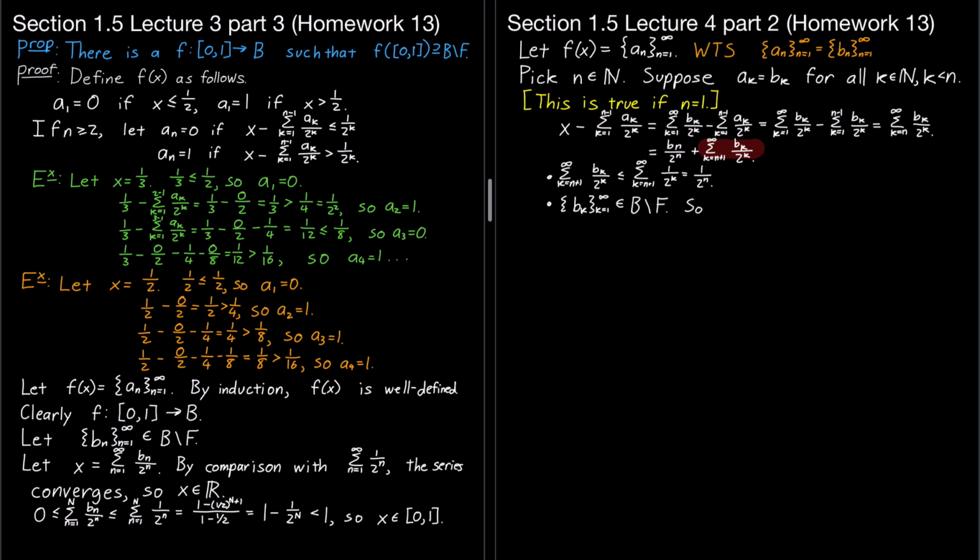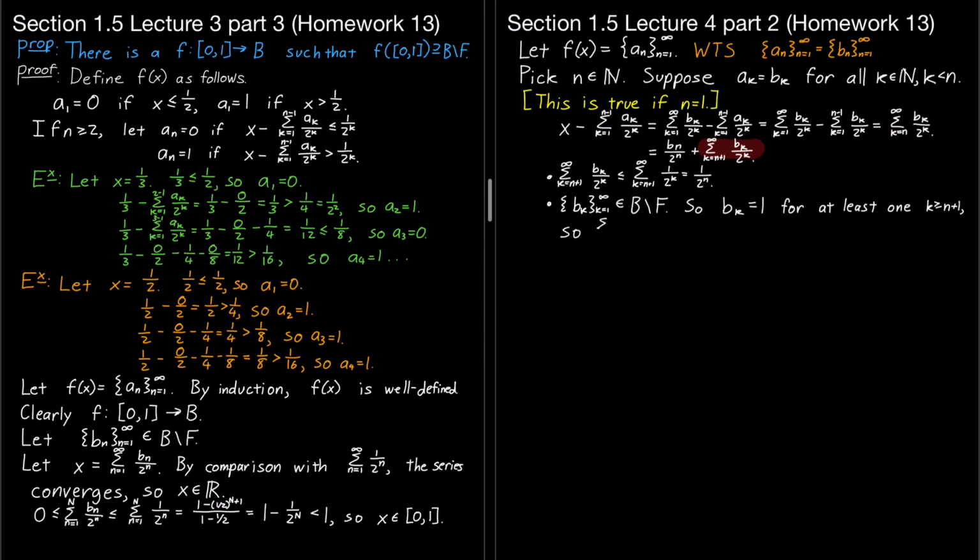So that means in this sequence you never get to a point where you're just 0 forever. So b_k is 1 for at least one k, in fact infinitely many, but all we need is at least one k bigger than n plus 1.